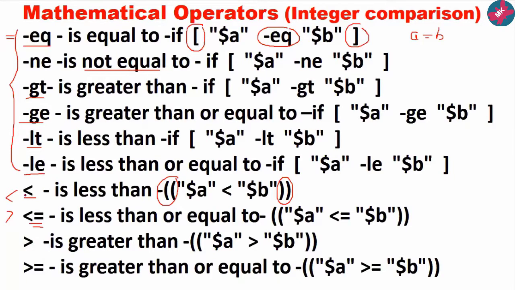So the less than, less than or equals to, greater than, or greater than equals to symbols will be used with parentheses. And when you are using square brackets, at that time you will be using these letters for comparison. So this is new in this shell script, and we have to remember this.